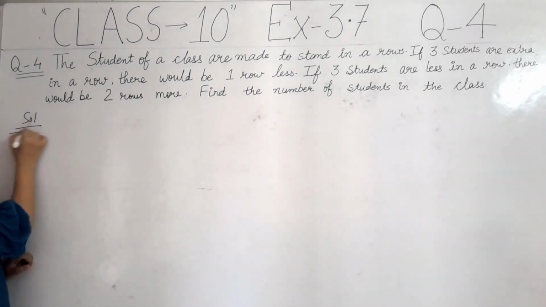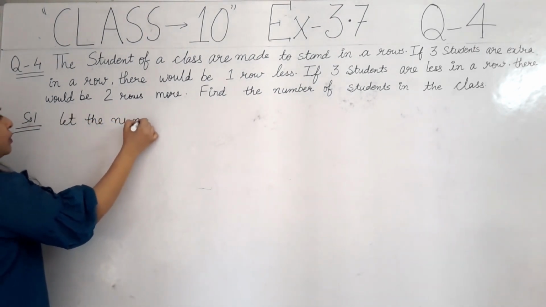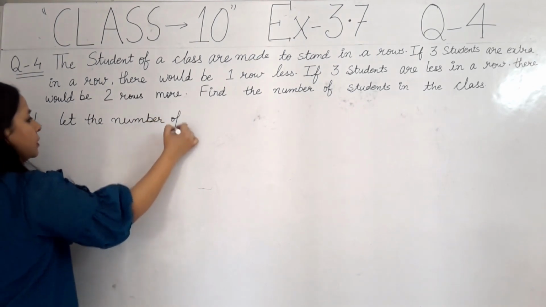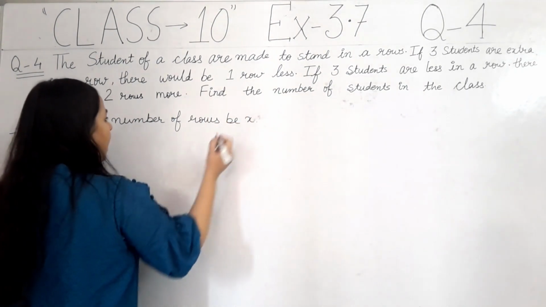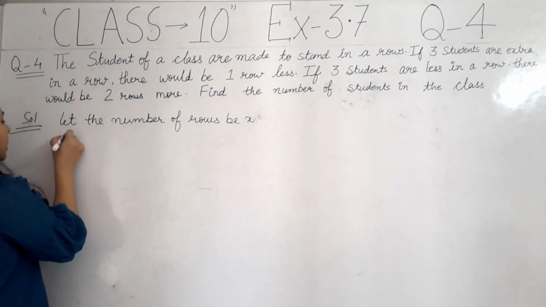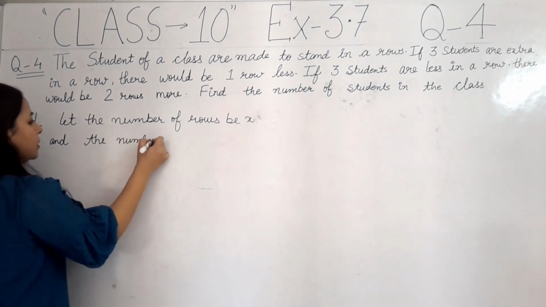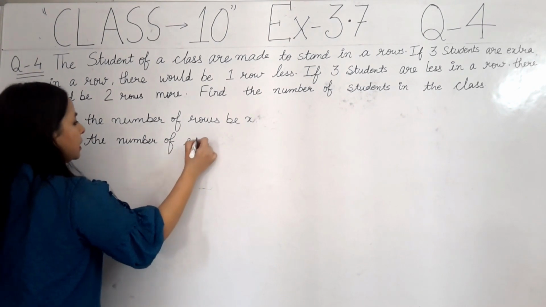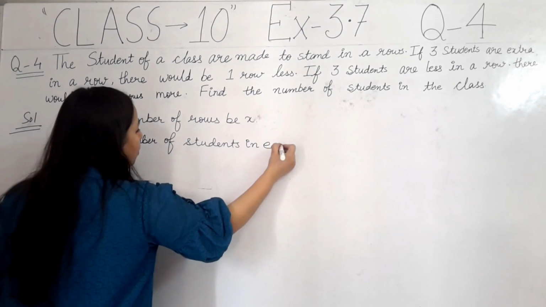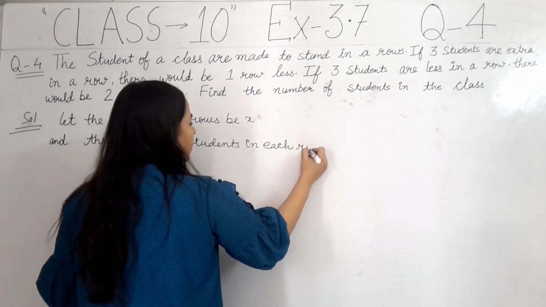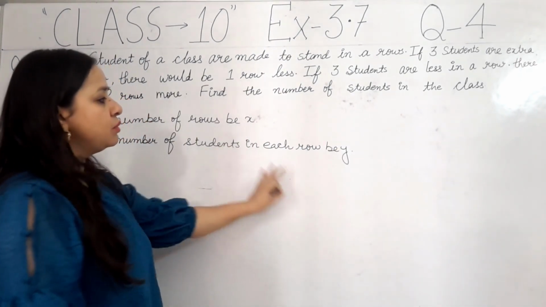Solution: let the number of rows be x and the number of students in each row be y. So the number of rows be x and the number of students in each row be y.